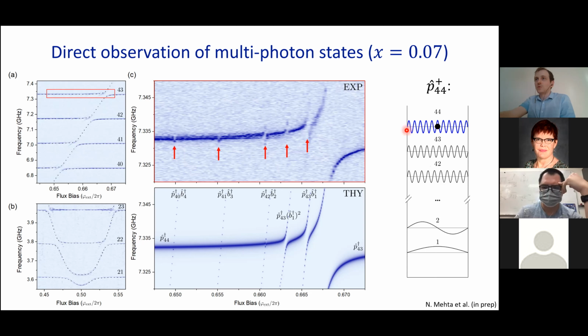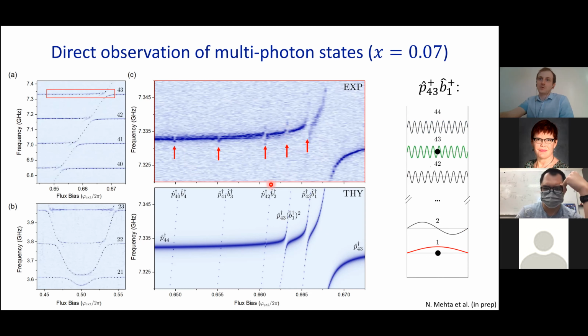So this mode 44 has a photon occupying state 44, and then this one which anti-crosses it is a multiphoton state made out of a photon in mode 43 plus a photon in mode number 1. And then this one is made out of, again, polariton 43 and now two photons in mode number 1.